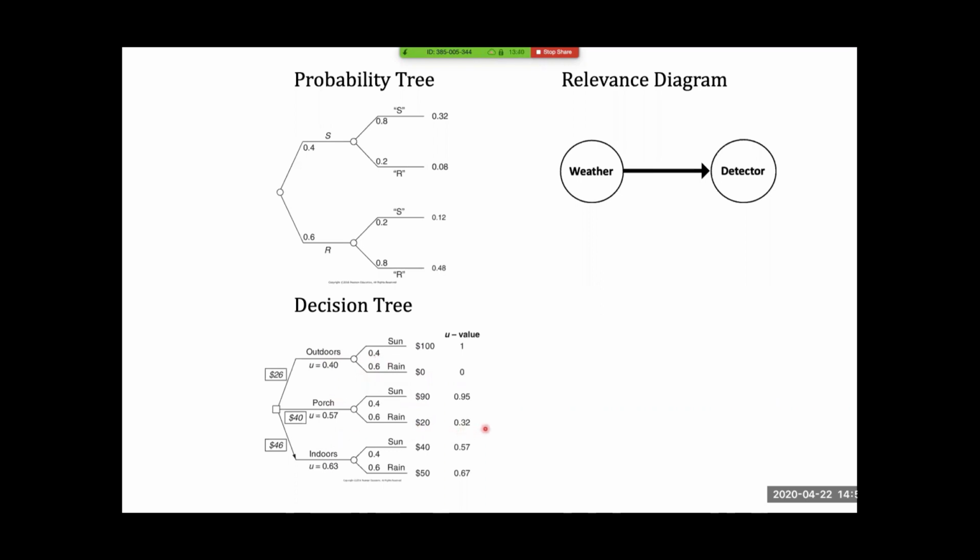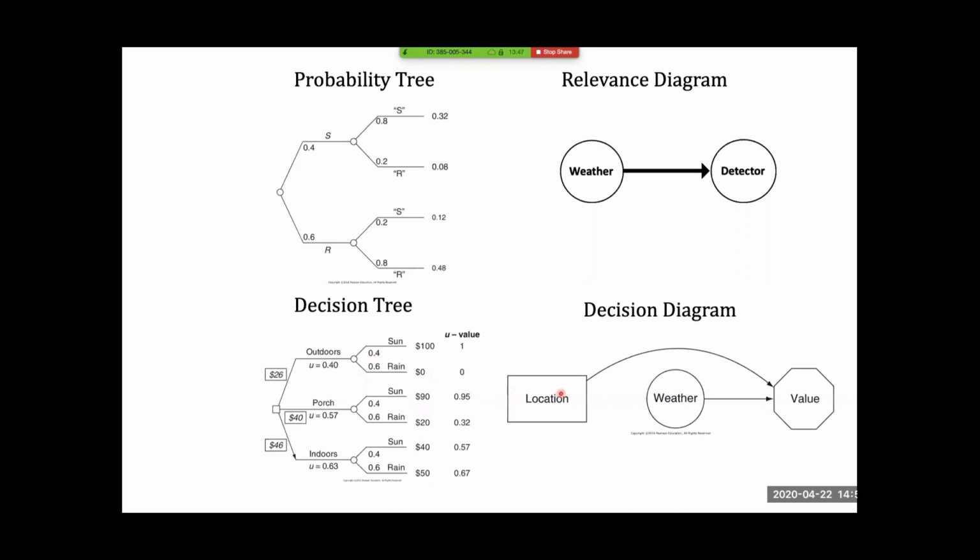Just to give you a preview of the end product from this chapter, we're going to use a diagram like this to represent the decision tree. I just want to make it clear that the relationship between decision diagram and decision tree is just like the relationship between relevance diagram and probability tree: merely a very concise and sketchy way to represent the information we have in the decision tree.